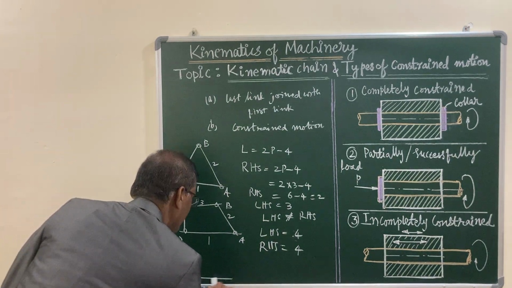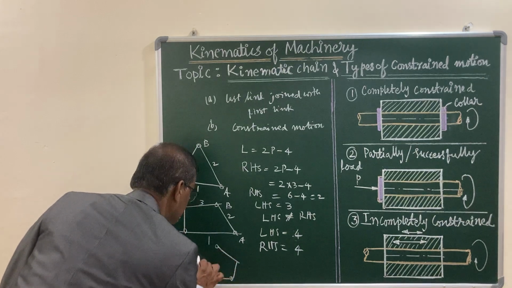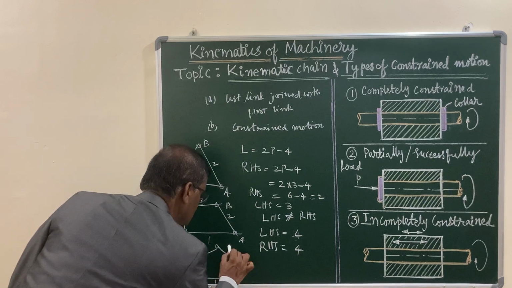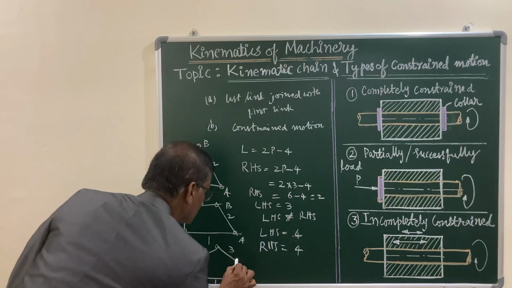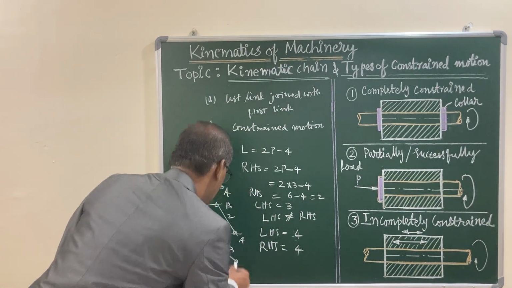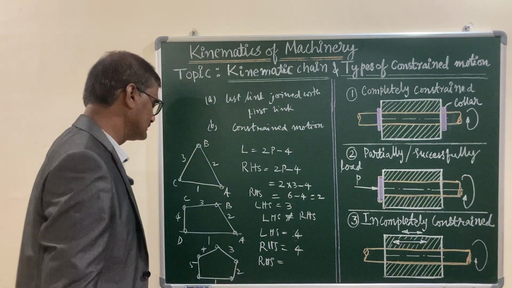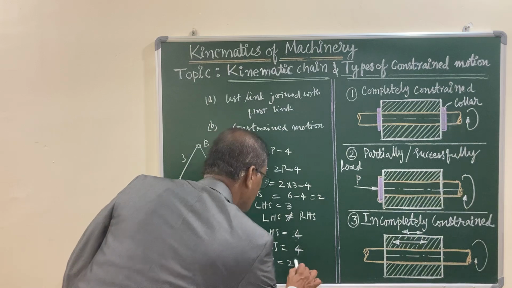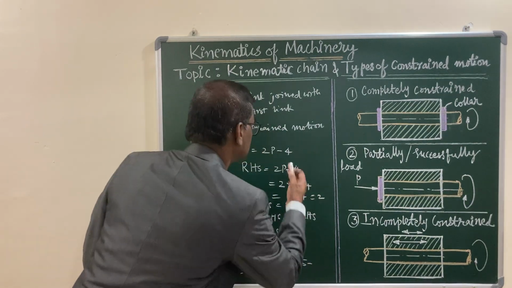Like that you can verify a 5 link also. Let us consider a 5 link, that is 1, 2, 3, 4 and 5. In this you can see the number of links are 5 and RHS is 2 into number of pairs, that is 5, minus 4.